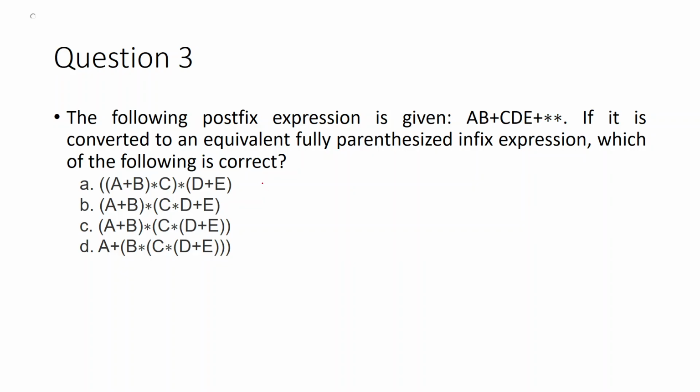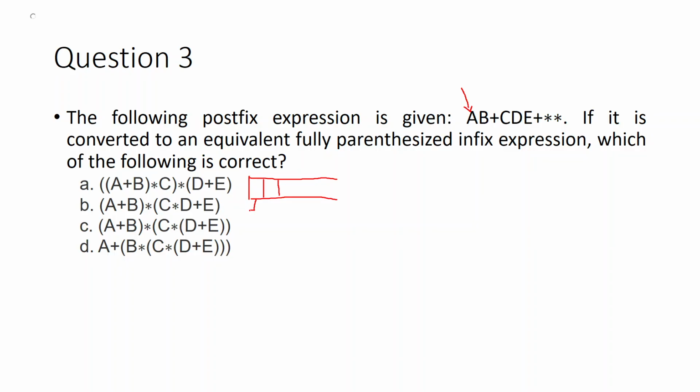First we need to draw a stack. Then we need to scan the characters from left to right. The first is a character. If a character is an operand, push it into the stack.